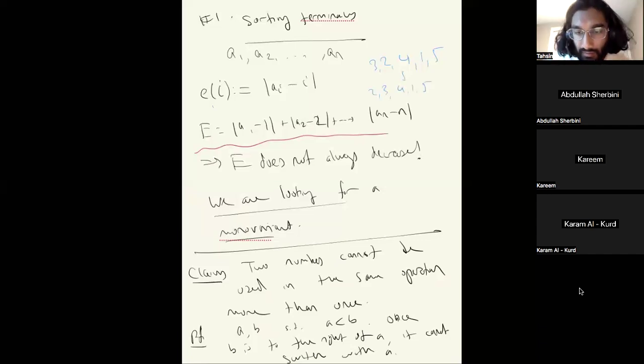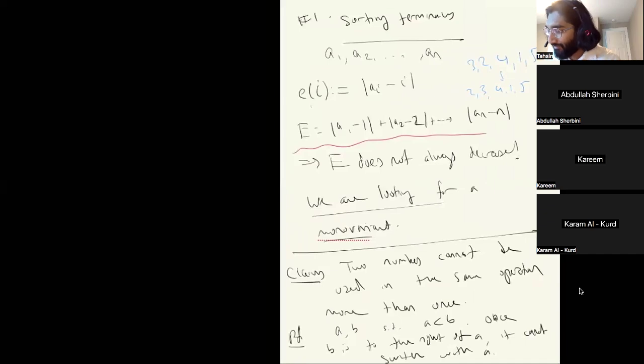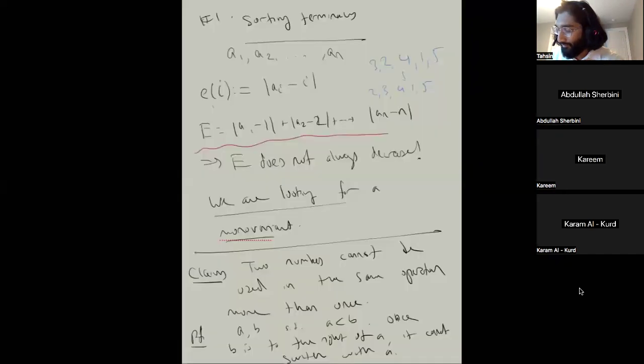I think that we can't swap the 3 and 2 because 2 is in the correct order. Sorry, maybe I should clarify the question. When I say correct order, I mean relative to each other. Maybe there's some confusion with what the problem is saying. So that's a good point.